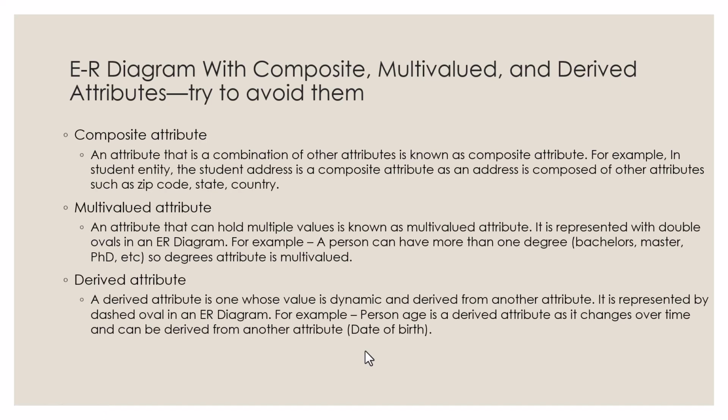Another example is an attribute called remaining balance: using the total loan value, how many months are left, and maybe even the interest rate, you should be able to compute or derive that. These are usually represented using a dashed oval.